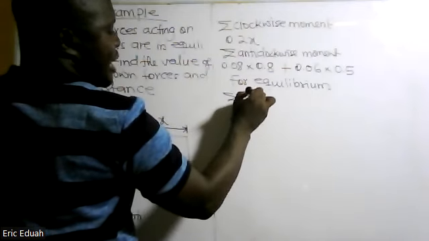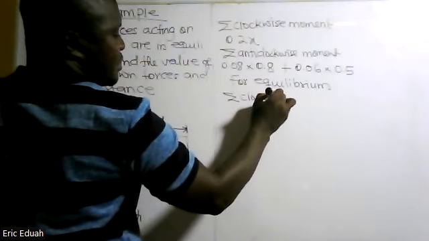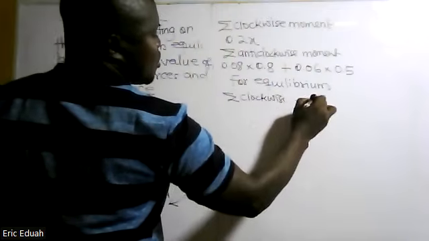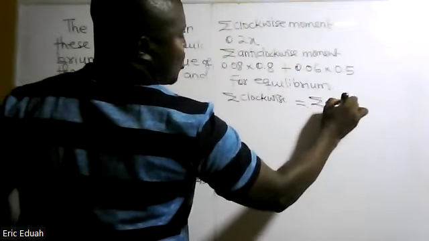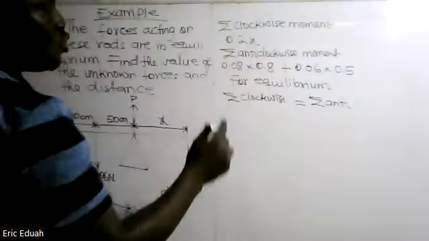For equilibrium state, sum of clockwise moment must be equal to summation of anti-clockwise. So equate the two.